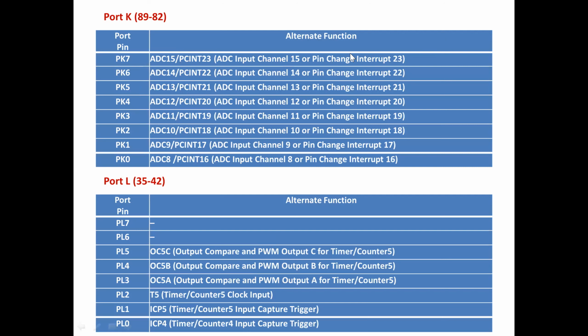So that's why this type of controller is most widely used, since it has more advantages when compared with low-level controllers like the 8051. These types of controllers have more advantages because they have more pins and more peripherals.